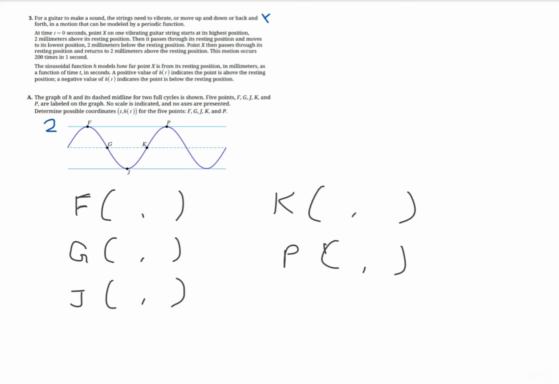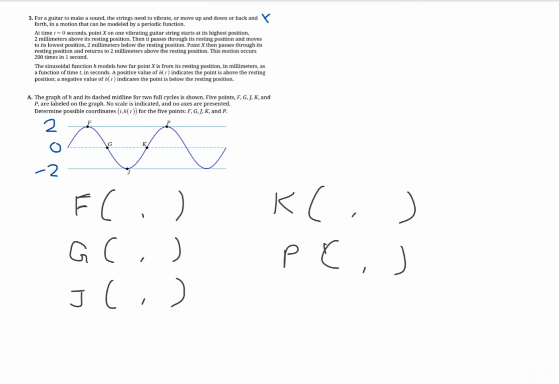And then it passes through its resting point, which means it comes at 0 and moves to its lowest position, 2 millimeters below the resting position. 2 millimeters below the resting position would be y is equal to negative 2. Point X then passes through its resting position and returns to 2 millimeters above the resting position.